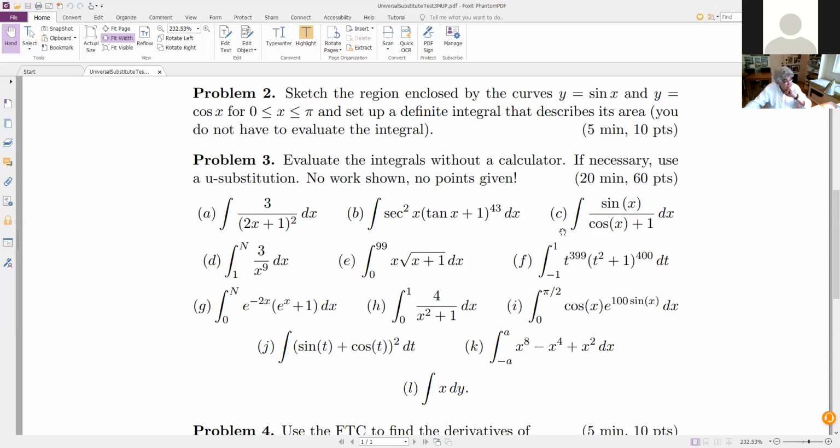Problem 3G, that is the integral from 0 to n of e to the minus 2x times e to the x plus 1. So for this I have to switch screens.